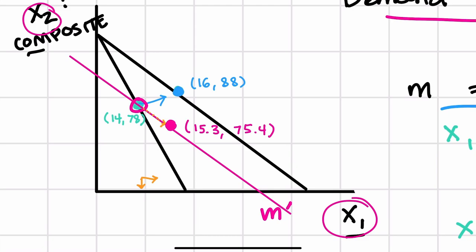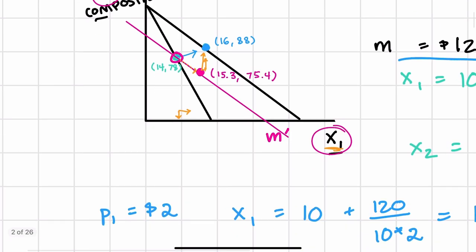And then going from, so that's the substitution effect right there, going from the pink point to the blue point is our income effect. Our income effect said, as a result of the changes in prices, the price of good 1 fell, price of good 2 stayed the same. We were in effect richer. Our money went further. And that income effect, the fact that we felt richer, led us to buy a little bit more X1 and a lot more X2.